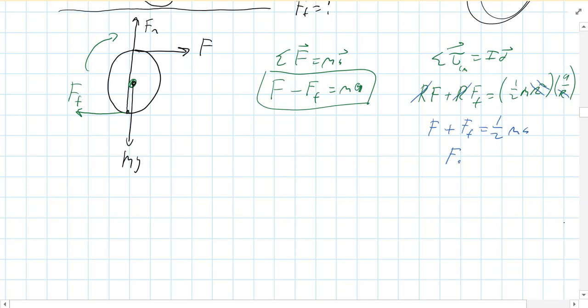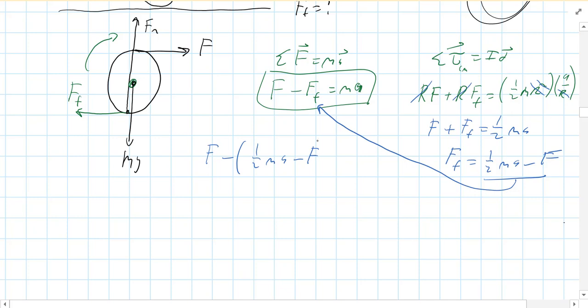If I solve this equation for friction, I get 1/2 ma minus F, and I'm going to plug that in here for friction. So F minus the quantity 1/2 ma minus F equals ma. And I can solve for a now.